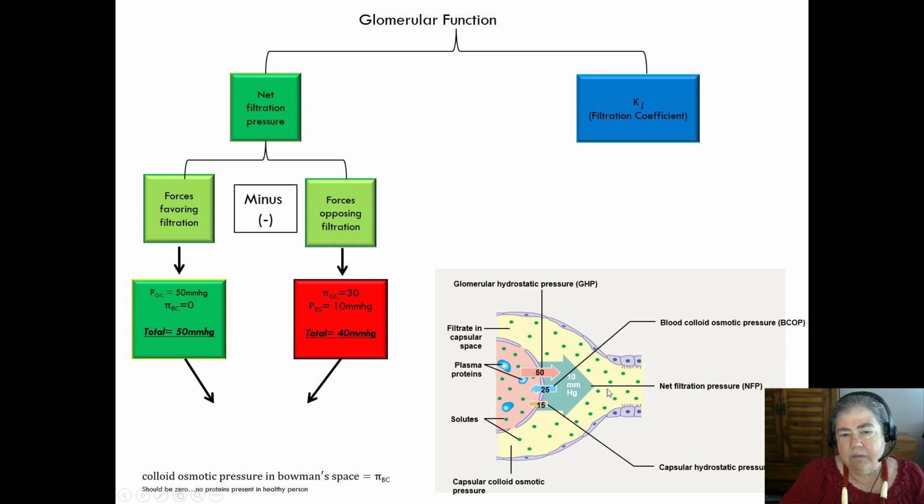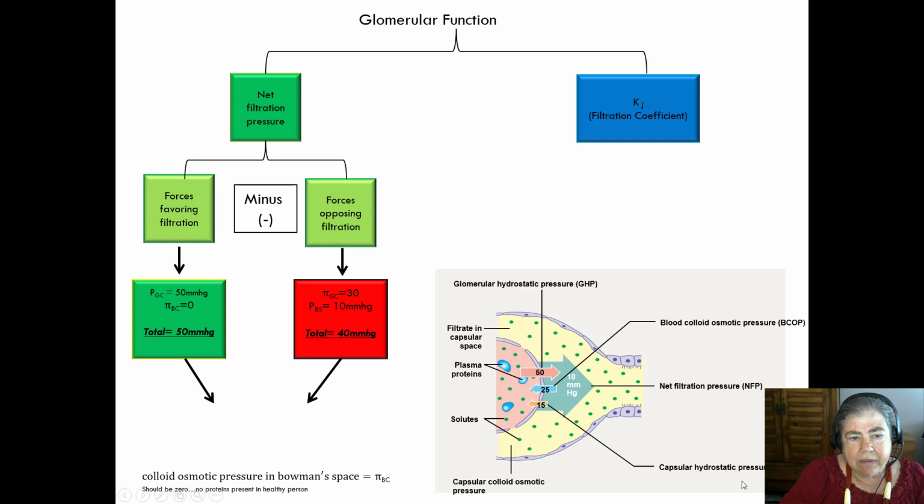One is the hydrostatic pressure that is within the Bowman's space, and here we have that as 10. But we also have another pressure, which is the colloid oncotic pressure, which is a pressure that pulls back into the vascular space.